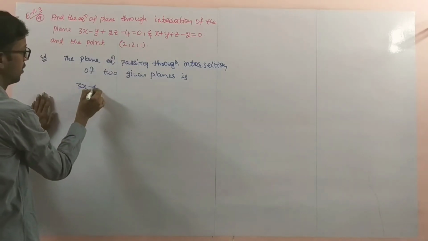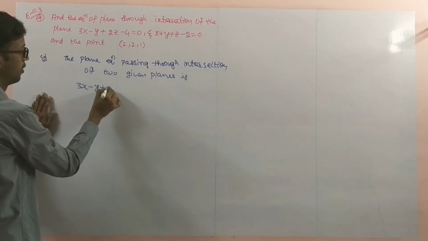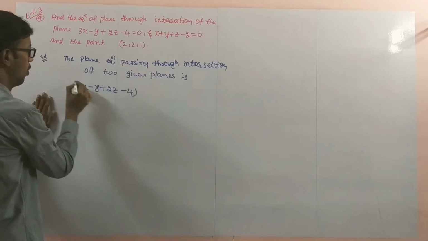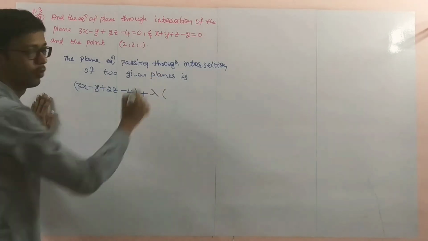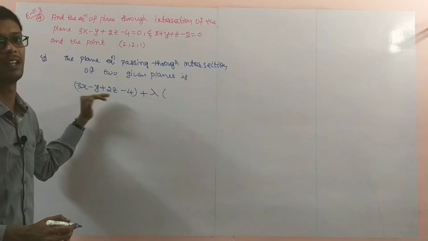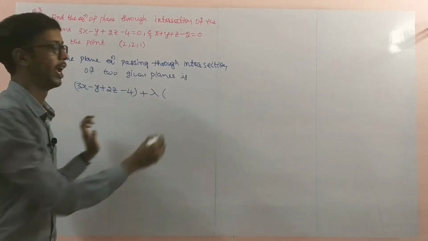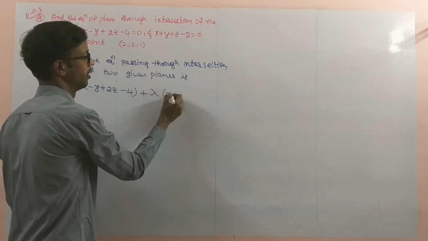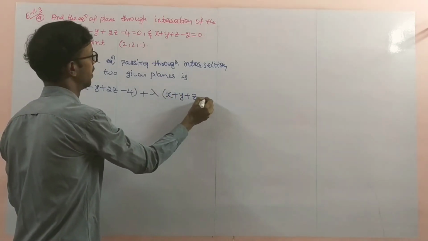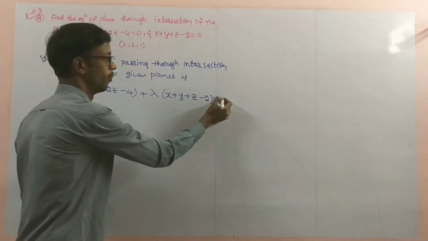3x minus y plus 2z minus 4 plus lambda into, we have a1x plus b1y plus c1z plus d1 plus lambda into a2x plus, that means the second plane equation, x plus y plus z minus 2 equal to 0.